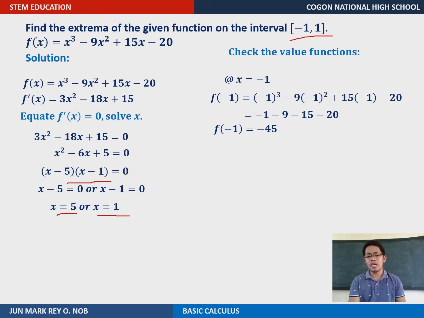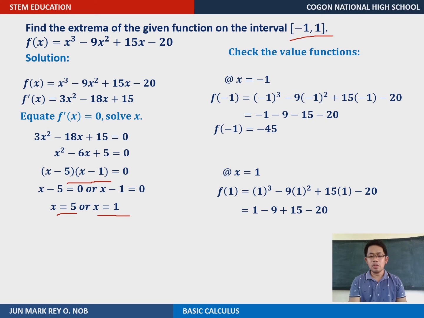Meaning to say that the value of the function at -1 is equal to -45. What about the upper limit of the interval, which actually at the same time is also our critical point at x equal to 1? So we substitute, we simplify, and then we come up with f of 1 equal to -13.